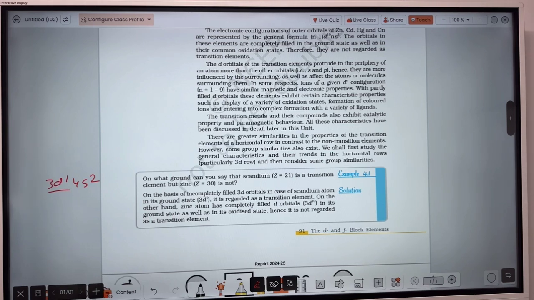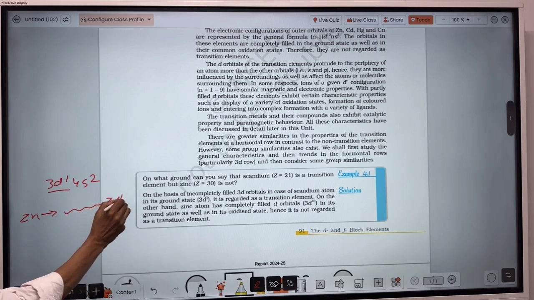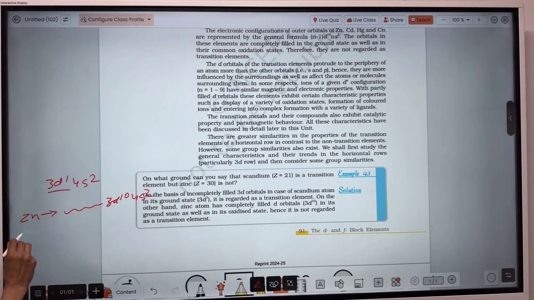But zinc doesn't contain an incomplete d orbital, because its outermost electronic configuration is 3d10 4s2, and for Zn2+, zinc shows only one oxidation state, that is +2.